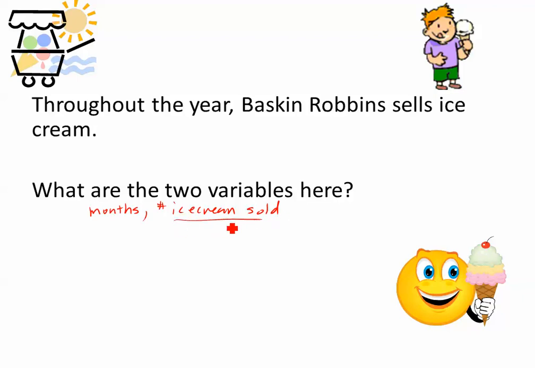Well, the dependent is ice cream sold, and the independent is the months. Because whatever month it is will help determine how many ice creams you sell. Now, keep in mind that that's because of the weather. So yes, technically it's the weather that's causing a change, but the weather is directly linked to the months. And so therefore, there's your answer.